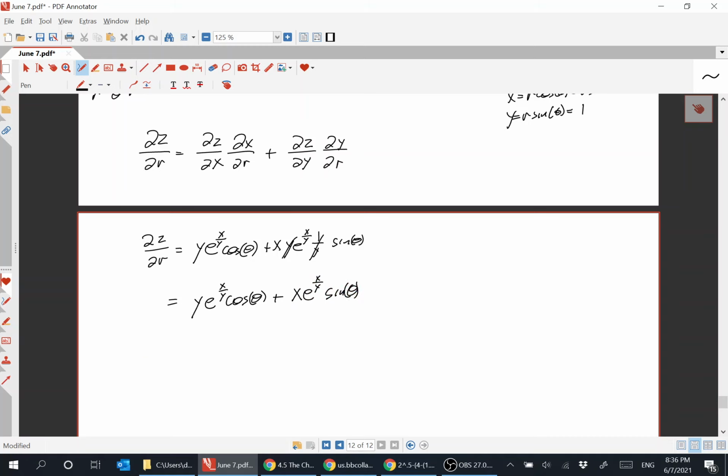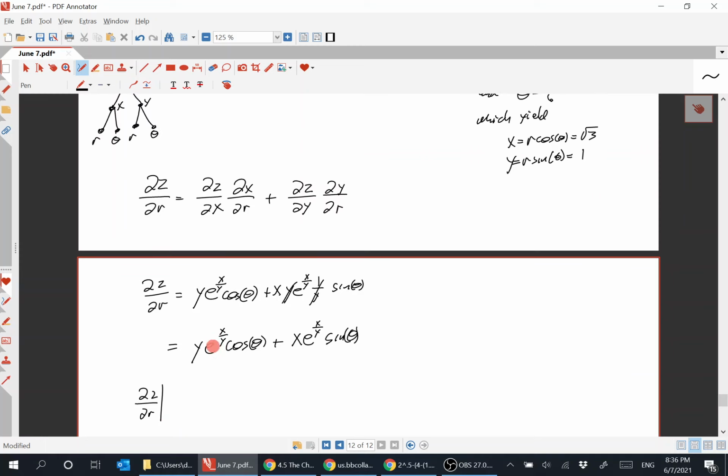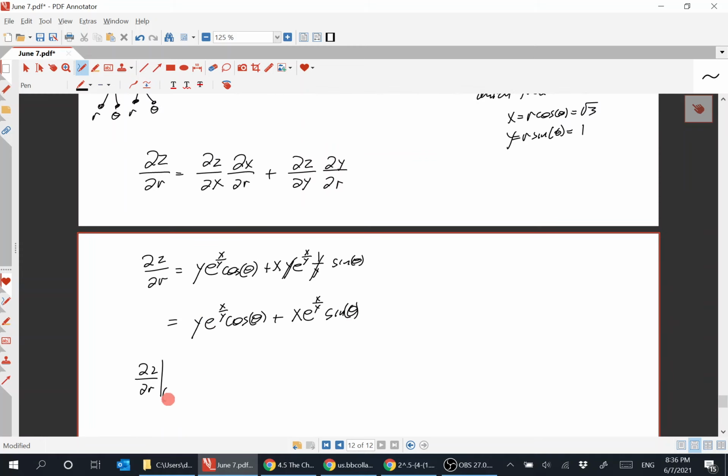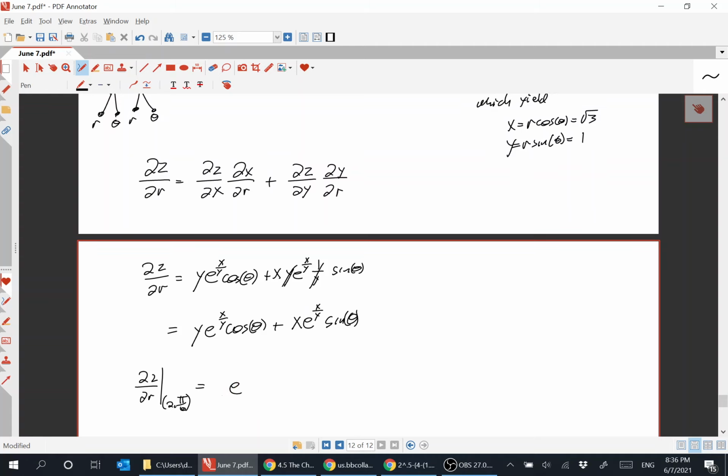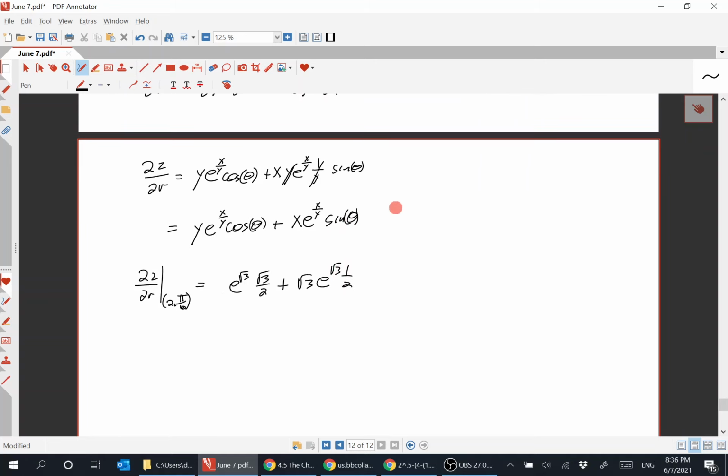All right, so dz/dr at the given point, 2 and pi over 6, is equal to, well, y is 1, so root 3 e^(root 3) cosine pi over 6, which is root 3 over 2, plus x, which was root 3, e^(x/y) is e^(root 3) again, sine theta, here you get 1/2.